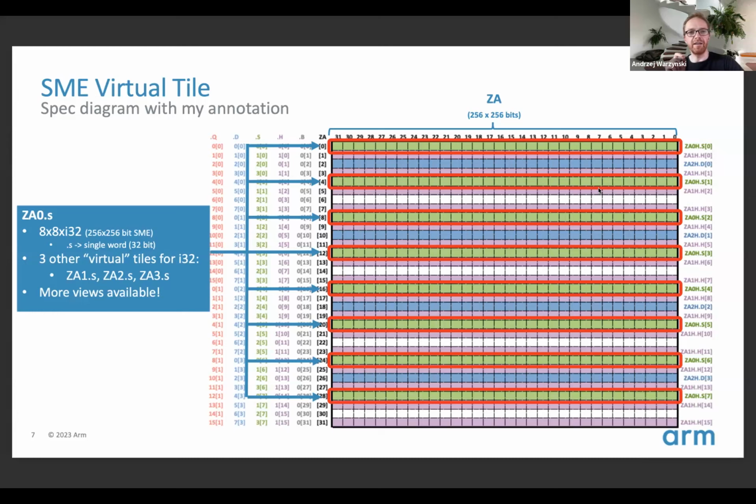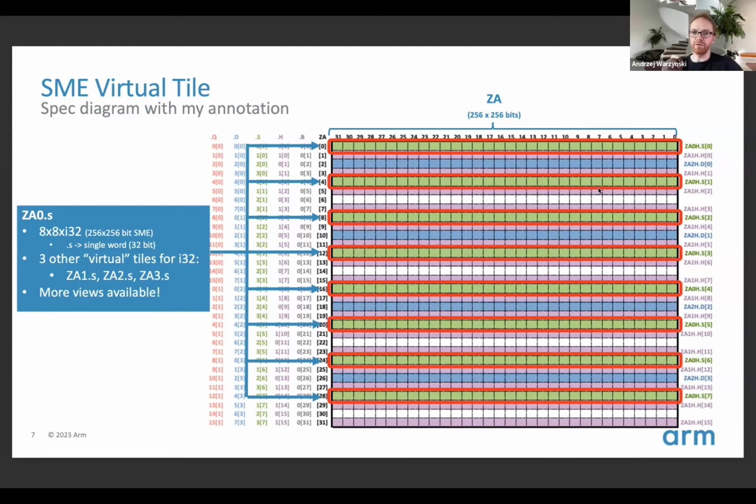A tile is like a view into your ZA array. So the square thing towards the right is a ZA array. In this case, it's 256 by 256 bits. And I highlighted 8 rows. And those 8 rows are my ZA0.S tile.